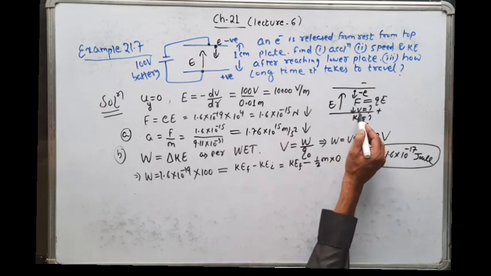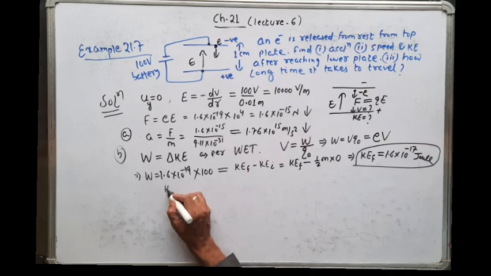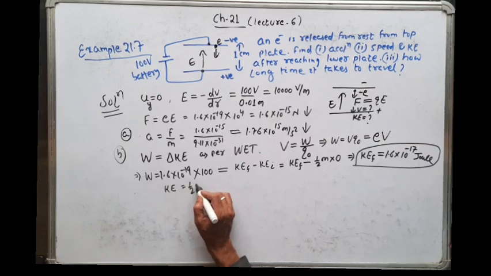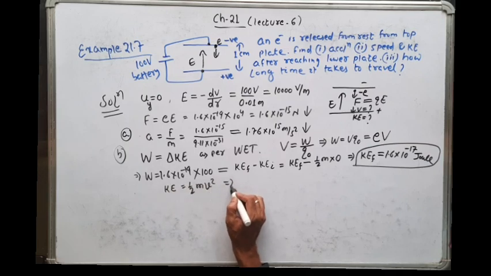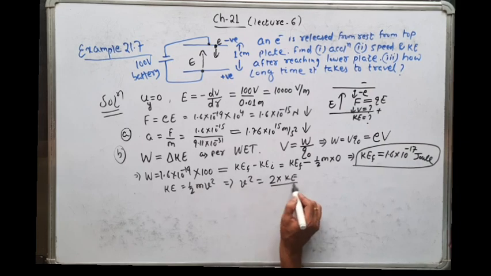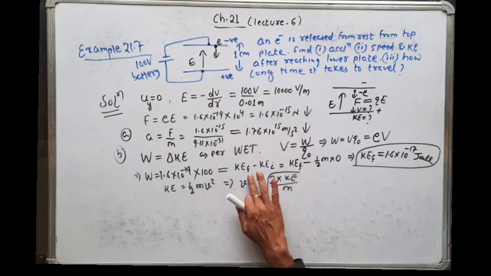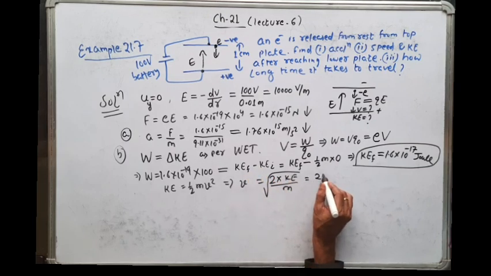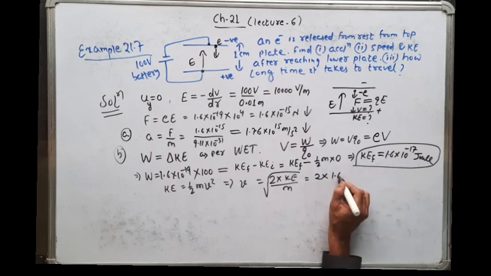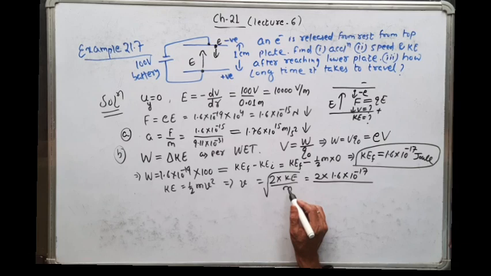And the question is, what is the final velocity of the electron? Since you know kinetic energy is equal to half mv square, that implies v square is equal to 2 times kinetic energy by mass, or v is equal to the square root of this. Here you have got the kinetic energy, 1.6 into 10 to the power minus 17, divided by the mass of the electron.